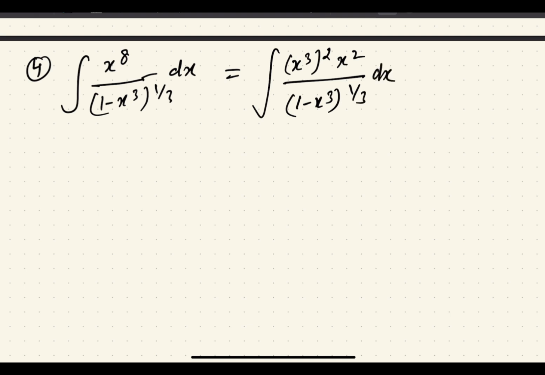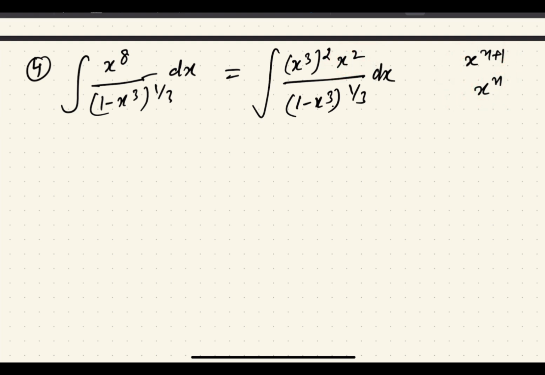Okay, here I will use this one, x power n plus 1 and x power n. Because this is cube, this whole thing is x cube, a function of this, and this x square is a function of x power n.